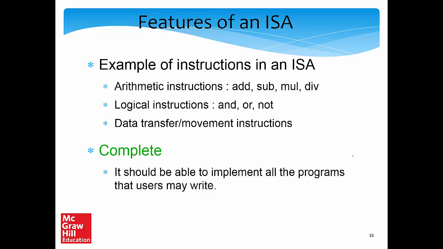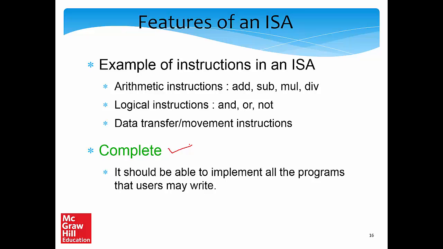So what are the desirable features that you want of an ISA, and what are the absolutely critical features? The most critical feature is that it needs to be complete. What I mean by complete is that it should be able to implement all the programs that users may want to write. One user might want to write a program to read today's temperature and send it over the internet.